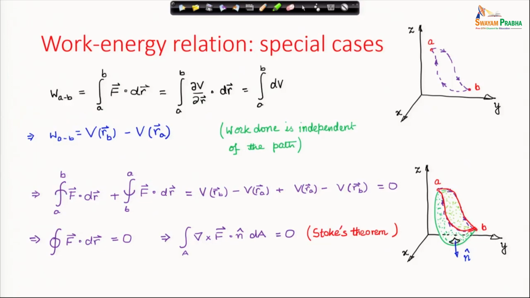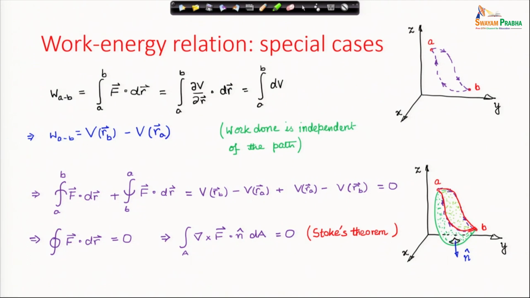Then from Stokes' theorem, I get this circular integral as the integral of curl of F dot n cap, where n cap is any normal vector on this pouch, times dA, a small infinitesimal area on the pouch, integrated over this area. This is Stokes' theorem. That must be 0.